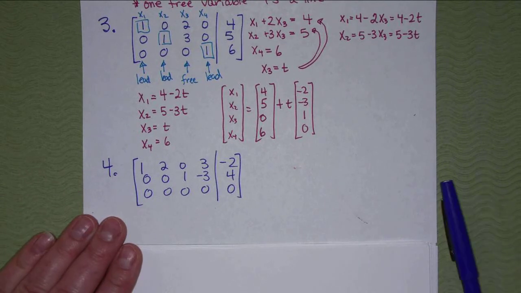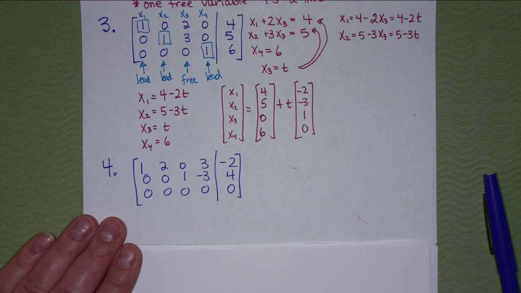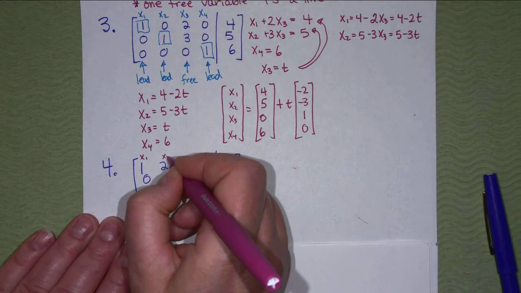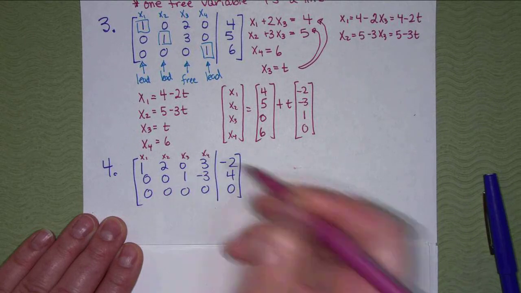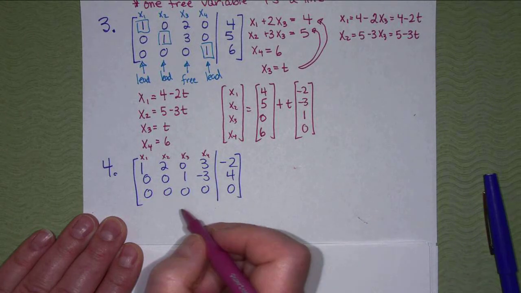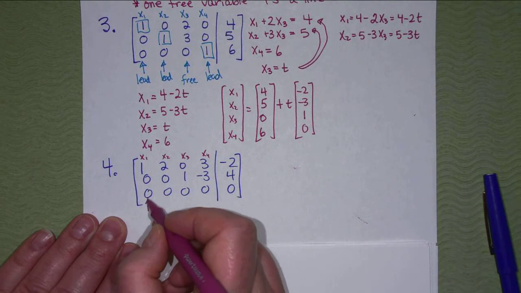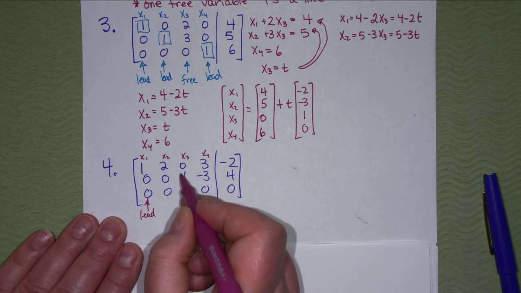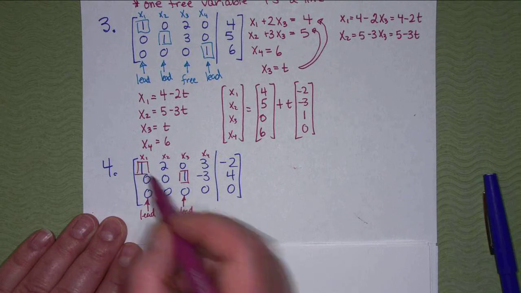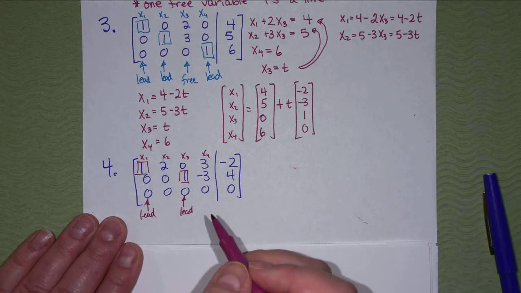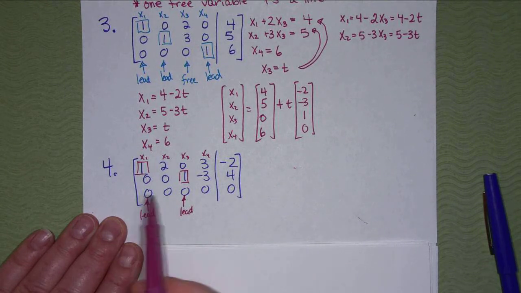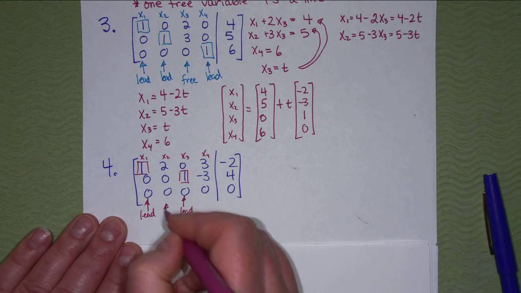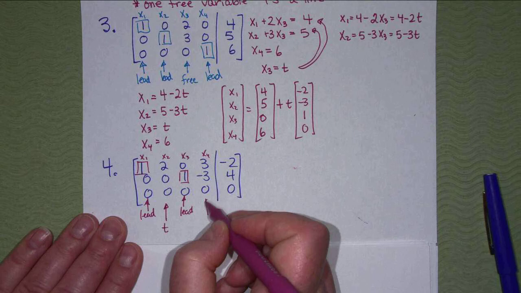So variables 1, 2, 3, 4. Which ones are our lead variables? They're the ones with the lead ones. And don't just look for ones, because there could be a number that's not a lead one. It has to be a lead one, the first number in each row. And then the other 2 are free. So we could call that one T and this one R. All right, give them a letter.